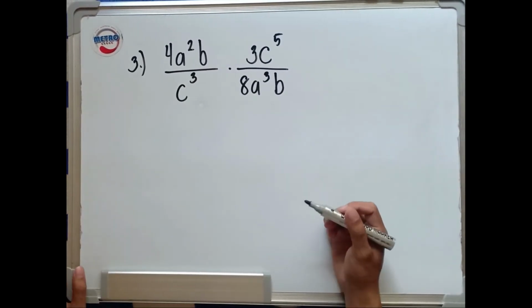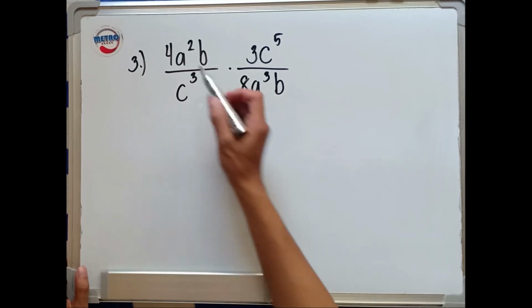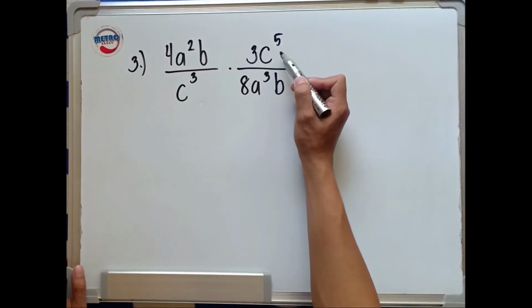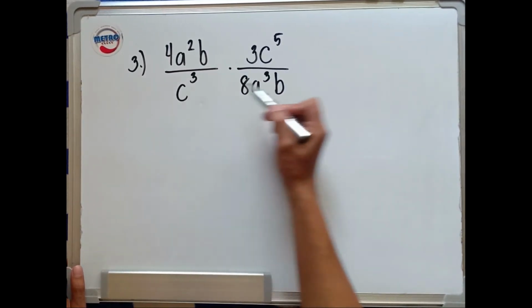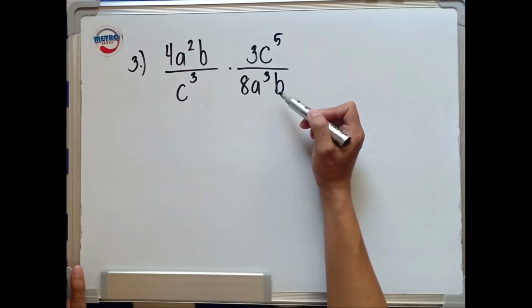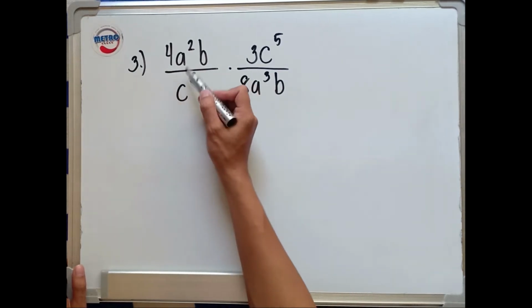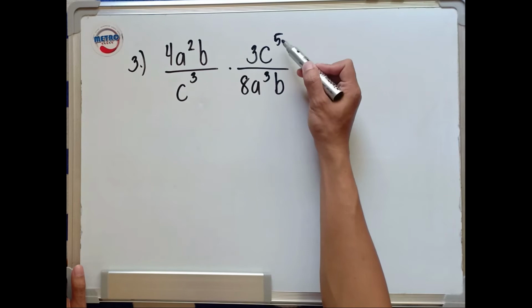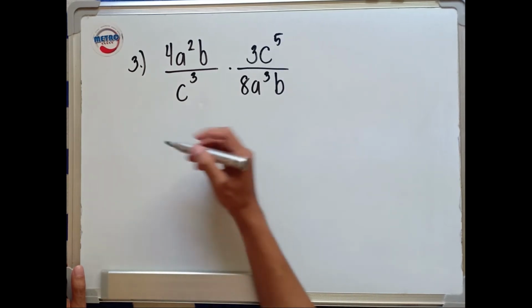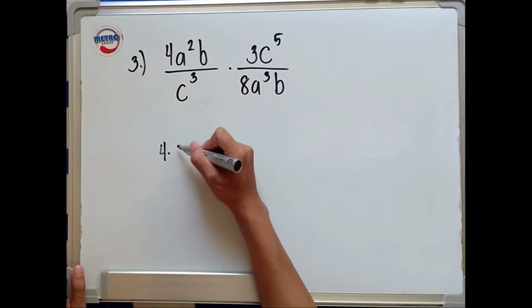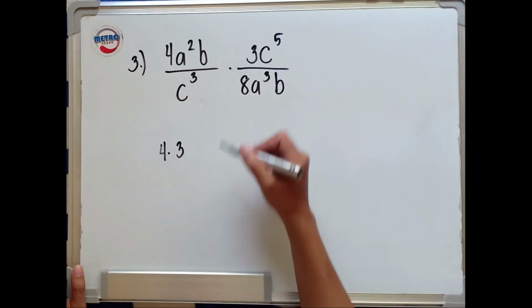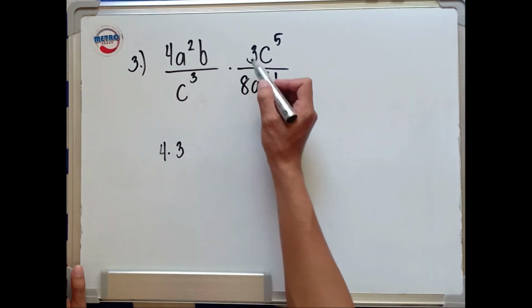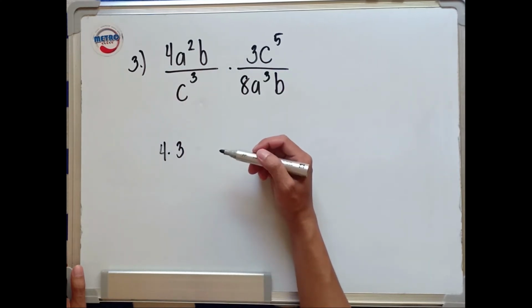So again, when we are multiplying fractions or rational expressions, we multiply numerator to numerator, denominator to denominator. So we will multiply 4a squared b to 3c raised to the 5th power. So we have 4 times 3. So I copy first the constant and I did not get the product first. We're going to cancel the numerical later.